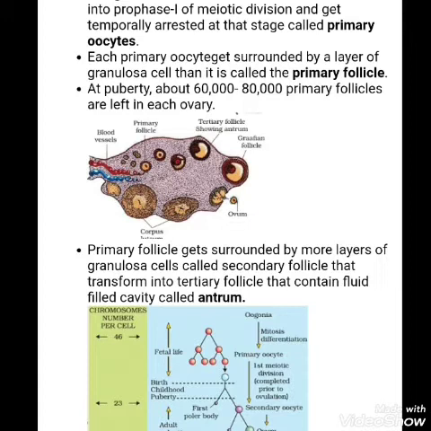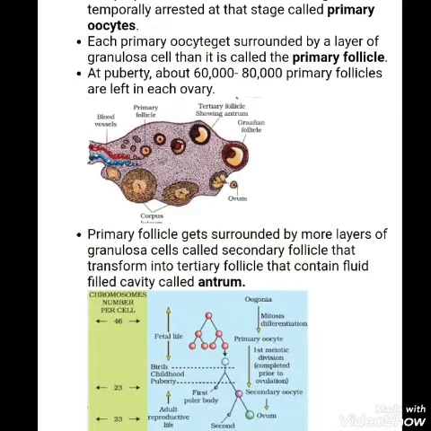Okay, so primary follicles are again surrounded by so many layers of granulosa, and they become secondary follicle, and ultimately they transform into tertiary follicle. When they come into tertiary follicle, if you see the diagram, it is showing an antrum. Antrum means one cavity which is filled with fluid.